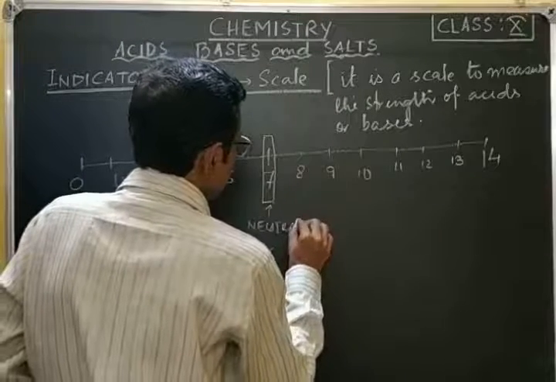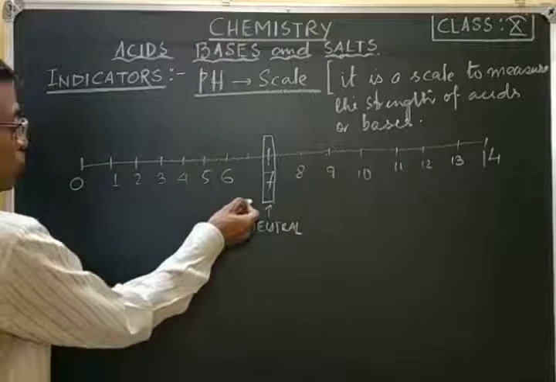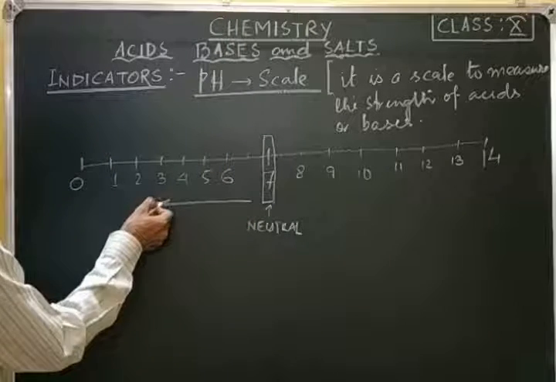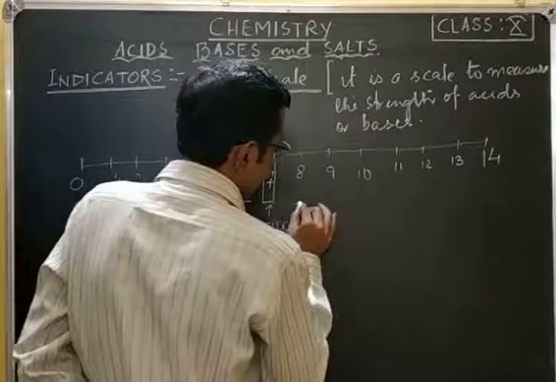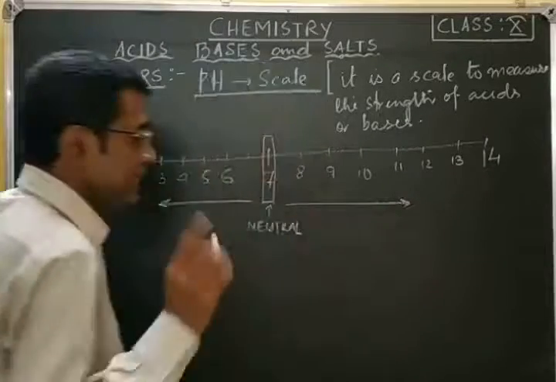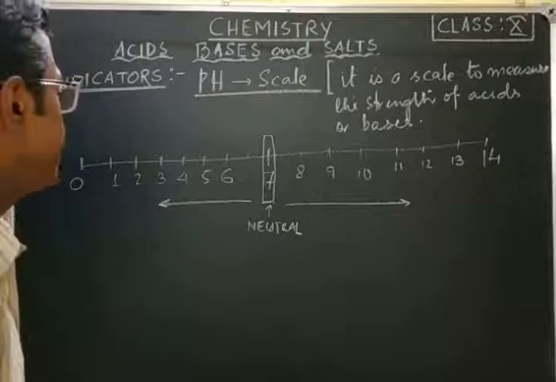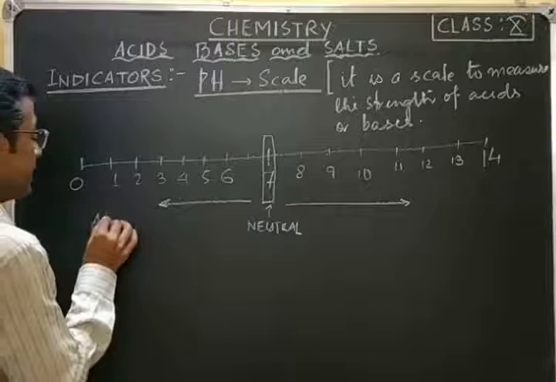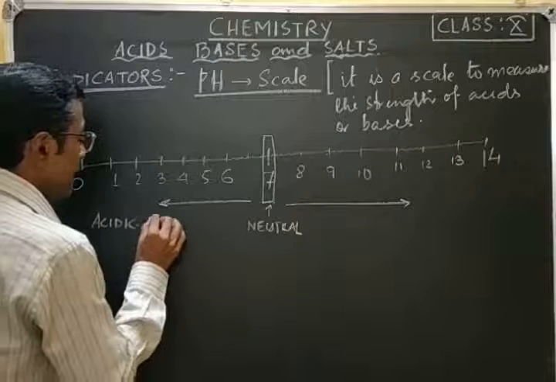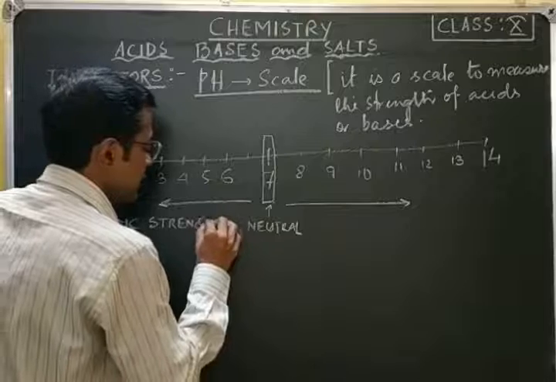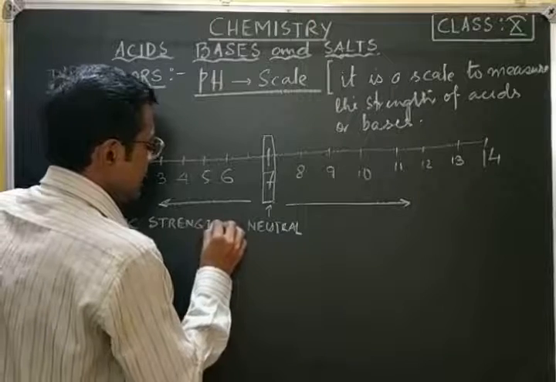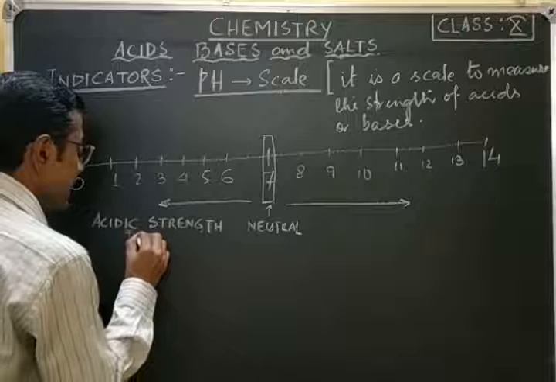When you move towards the left, the acidic nature of the solution becomes prominent, and when you go towards the right-hand side, the basic or alkaline nature increases. So in this direction, acidic strength increases.